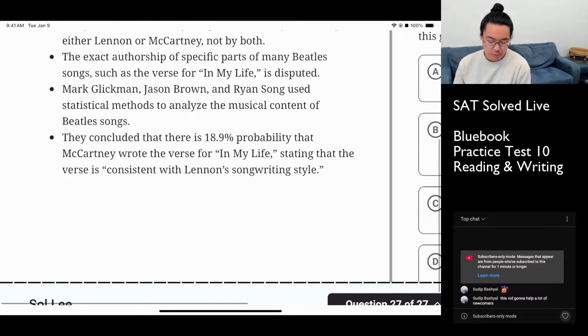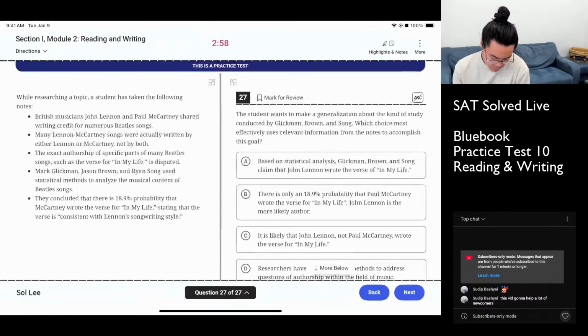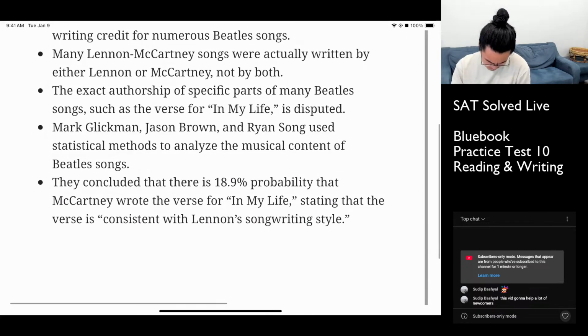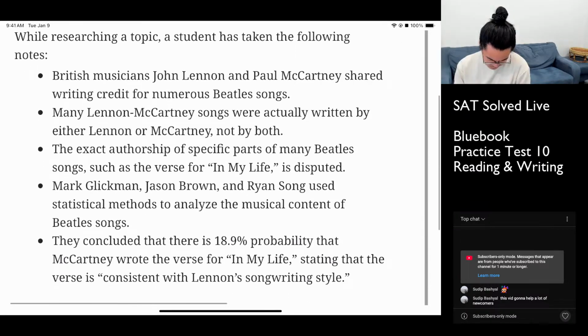We use statistical methods to analyze the musical content. 18% probability that McCartney wrote "In My Life." Consistent with Lennon, because McCartney is not the one who did it. Okay, generalization. Wait, what? About this kind of study? The generalization we can make about this kind of study, what are the multiple examples you can attach to this?